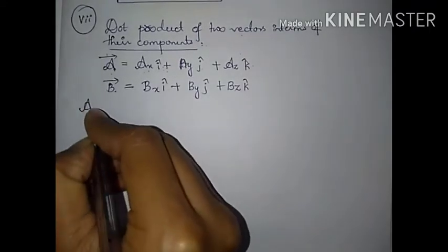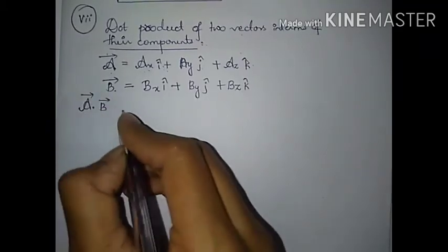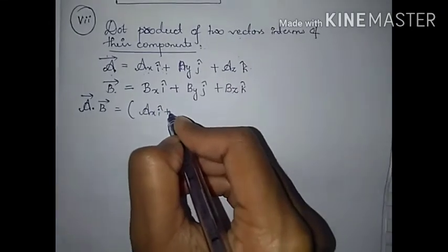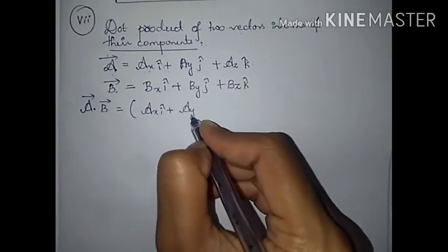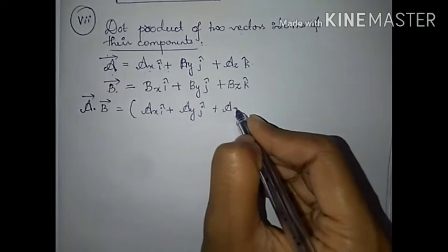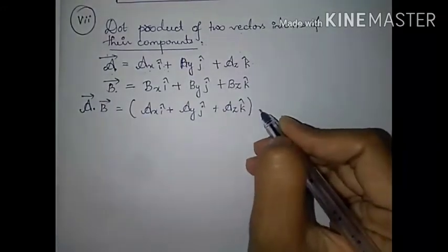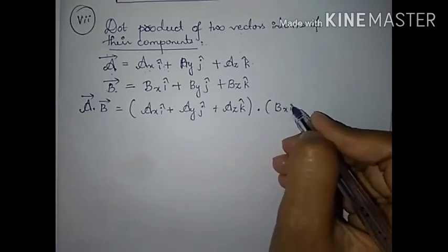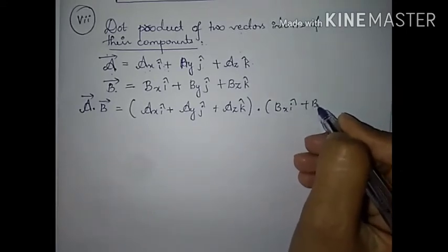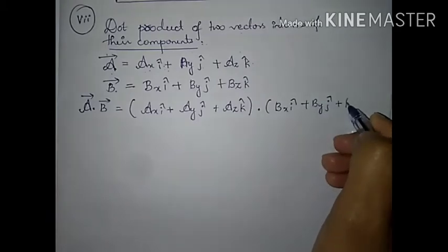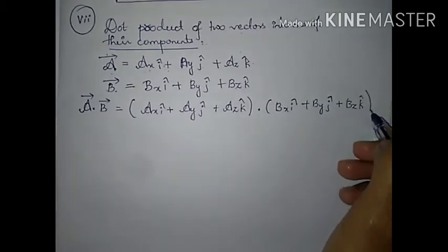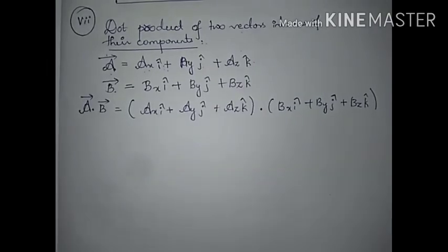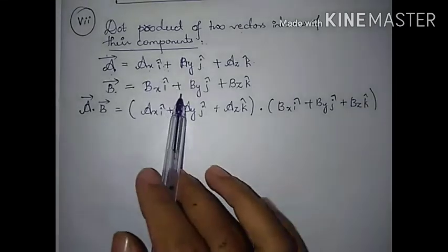So now if you take the dot product of the two vectors, vector A and B, then what can you write? Ax i cap plus Ay j cap plus Az k cap, multiplied by Bx i cap plus By j cap plus Bz k cap.